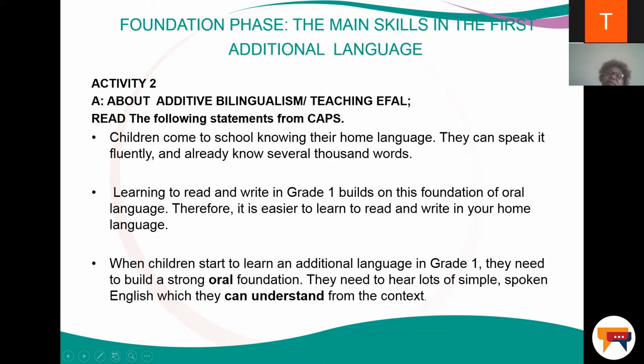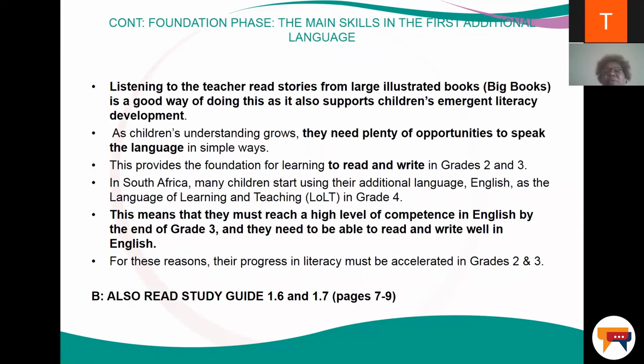These are some of the policy statements that you find in our CAPS document. You can read more in your CAPS document or the policy that you are reading. It's very key to understand this. Listening to the teacher read stories from large illustrated books.